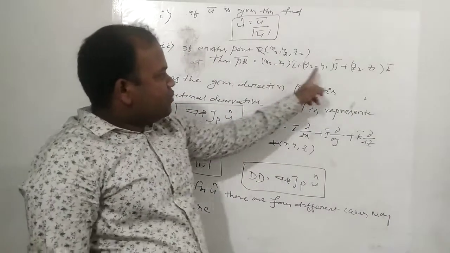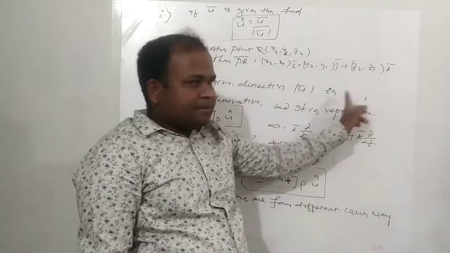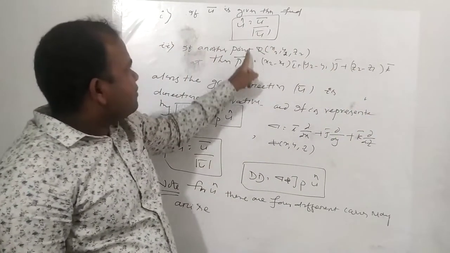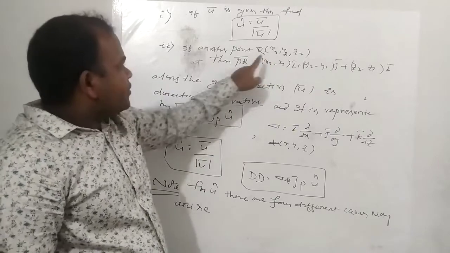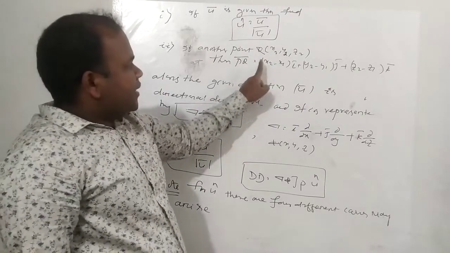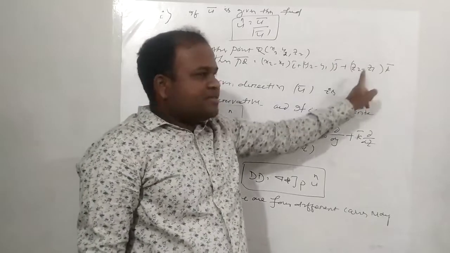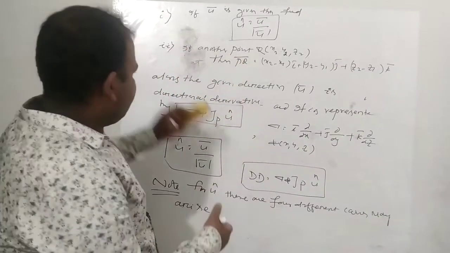So x1 y1 z1 is the point P, and x2 y2 z2 is the point Q. Then we will find the PQ vector. So this is the second case.